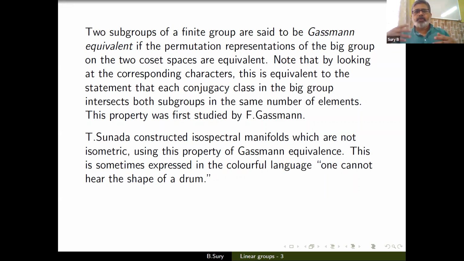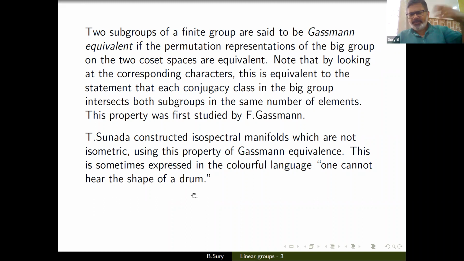For people who don't work in the subject, the Laplacian has eigenvalues and so on, and they form a spectrum, with infinitely many of them. So two manifolds might have the same spectrum but not be isometric. This is sometimes put in a beautiful language: the spectrum of a Laplacian is like harmonics, like sound you can hear, and the isometry class is the shape. So it's like asking whether we can hear the shape of a drum. In other words, two differently shaped drums might have the same acoustics.